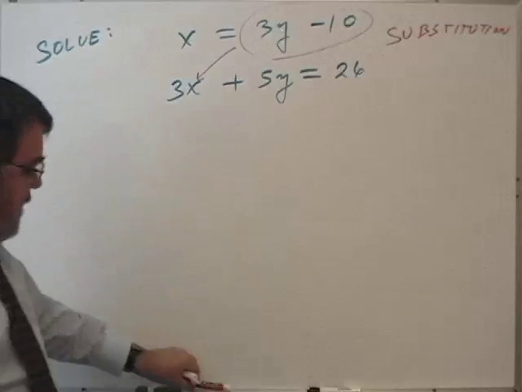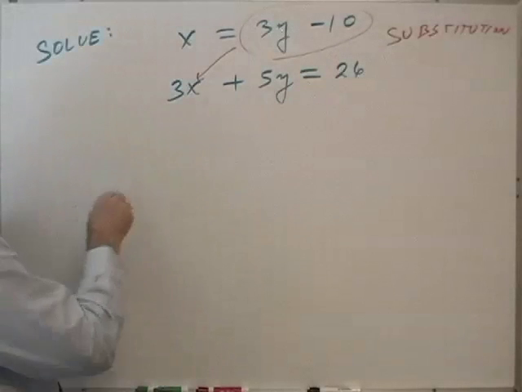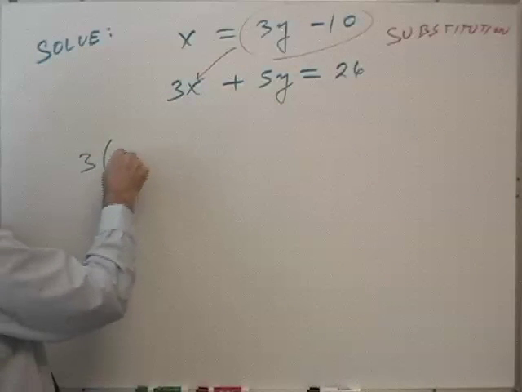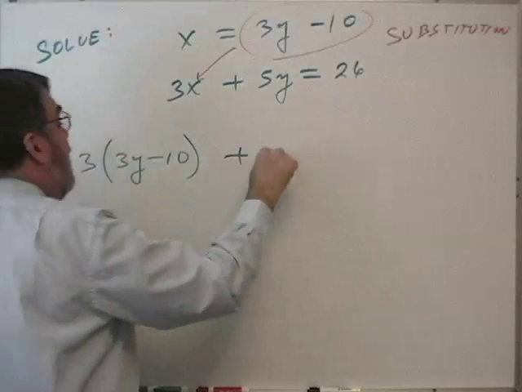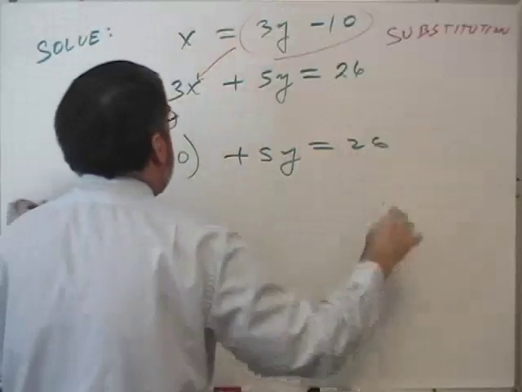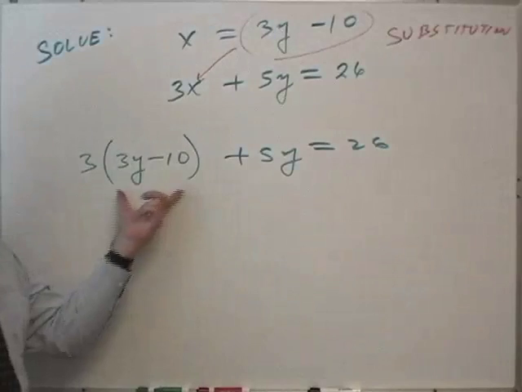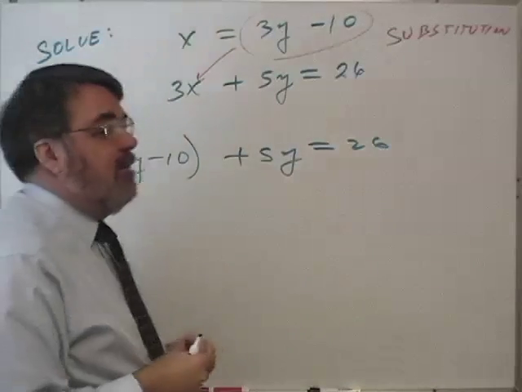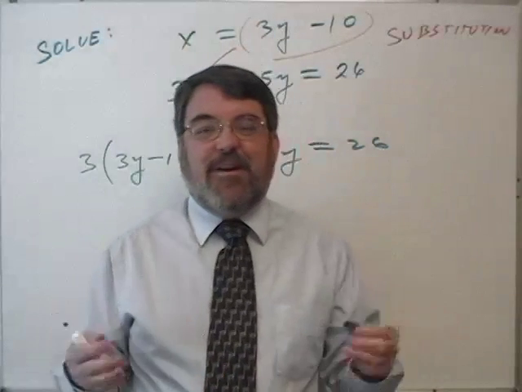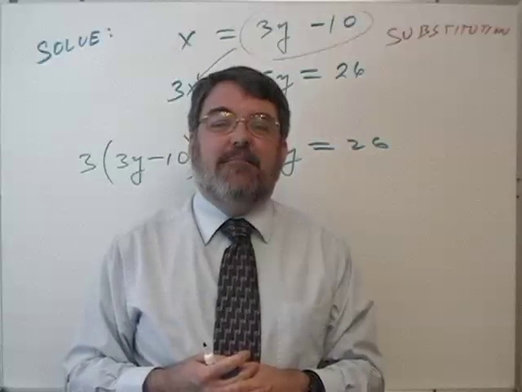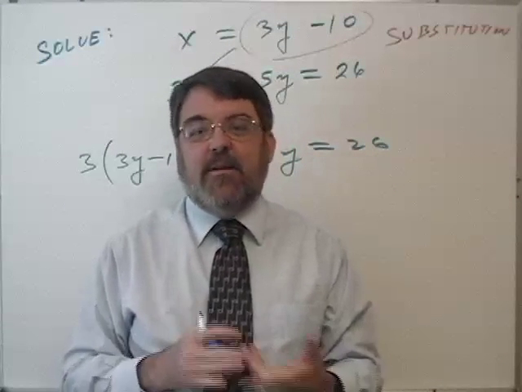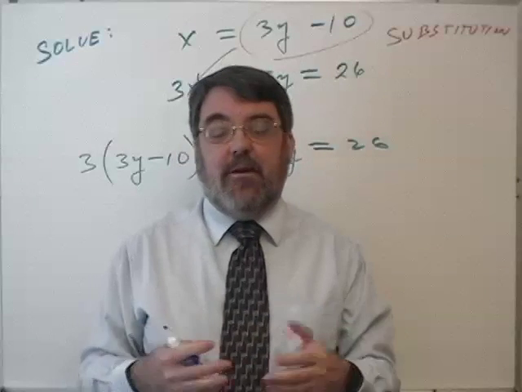So let's see what happens. I've got 3 times (3y minus 10) plus 5y equals 26. Notice that I use parentheses here. And people who are too lazy or careless to use parentheses very often make mistakes with negative signs and distribution errors.